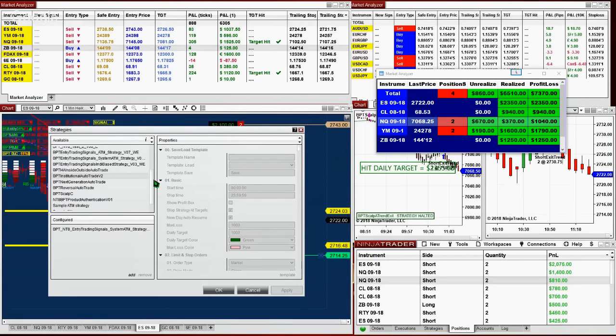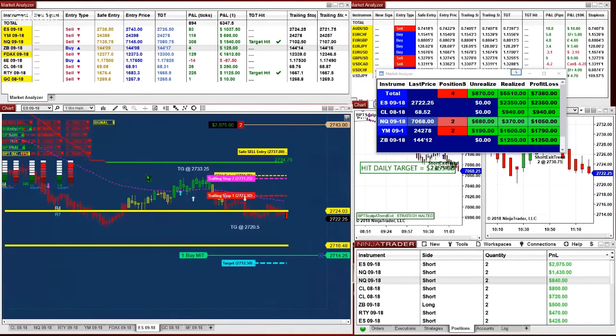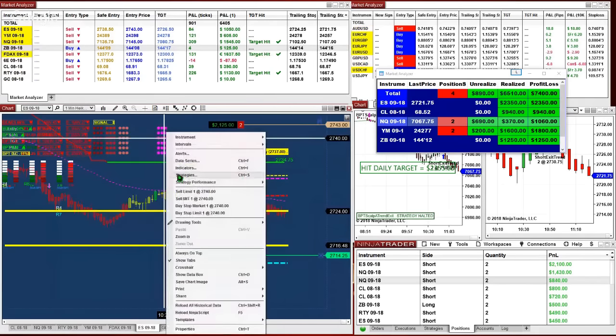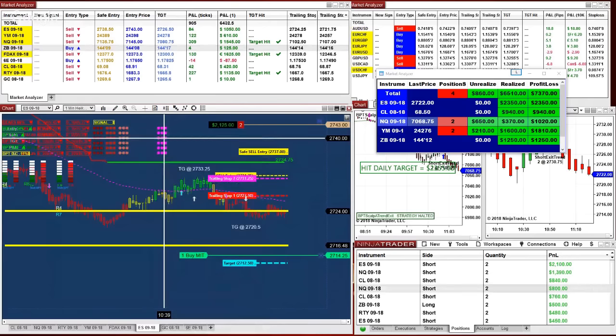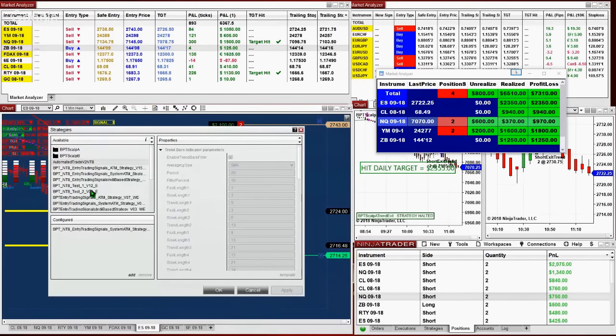For your new package, you will find there are two auto trades. On your new package, we added two test auto trades. On the new package, we put version test one and test two.